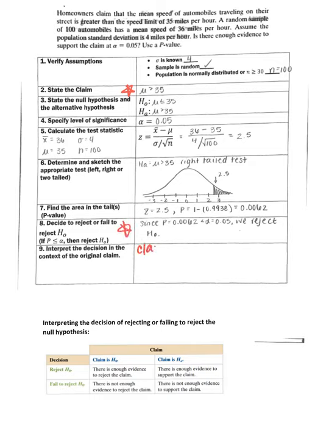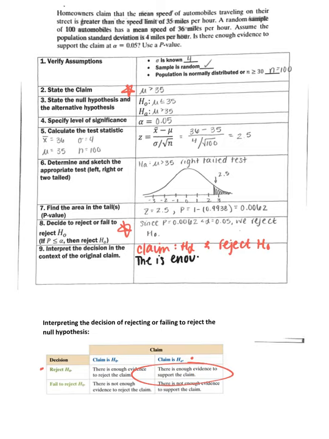So our claim was the alternative hypothesis because it's greater than 35. And we rejected the null hypothesis. So claim HA, reject H0. Same thing, we just need to put our little twist on it. So there is enough evidence to support the claim.